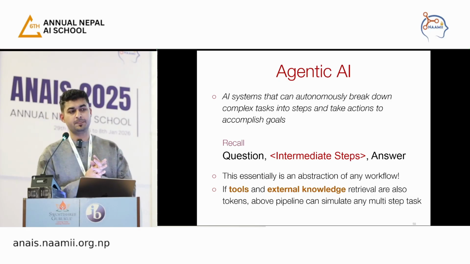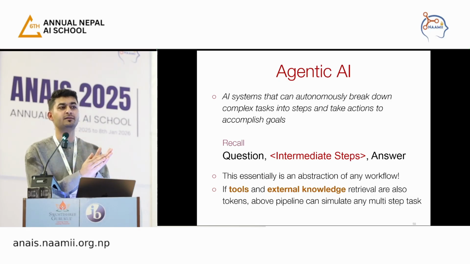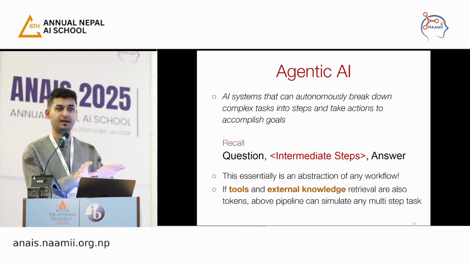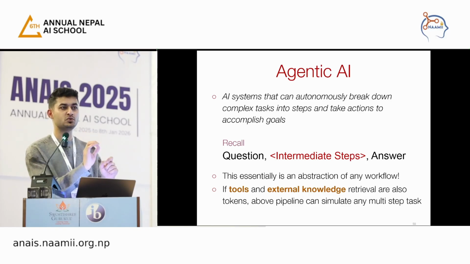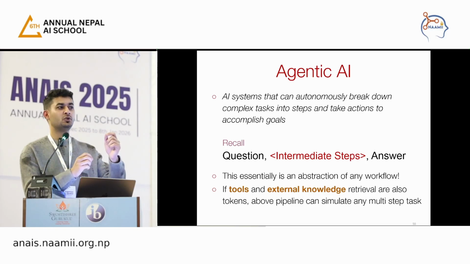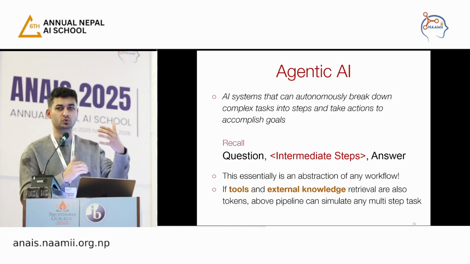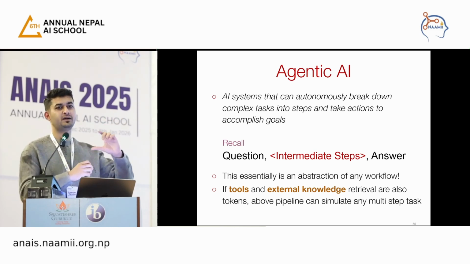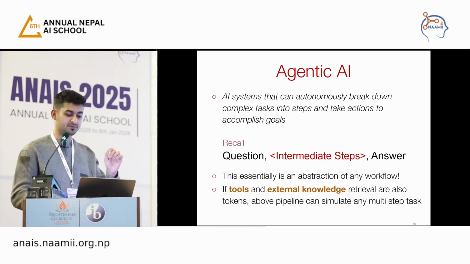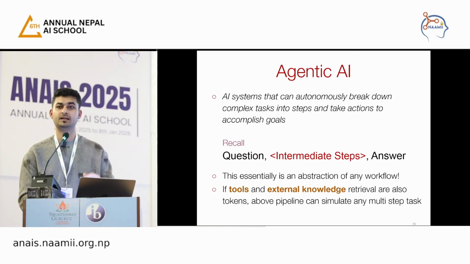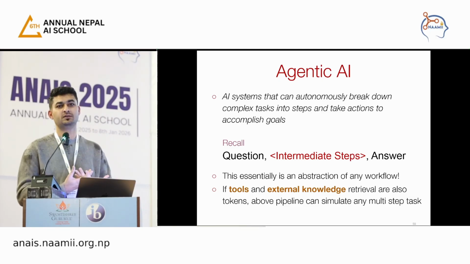Let me give you an example. For instance, I want an LLM to use my browser, and in my browser I have maybe 100 or so keystrokes that I type in the address bar, and a mouse with left, right, up, down, or maybe some coordinate-based pointer. So if I want an LLM system to use a browser, I need certain tools with which it can take actions. If I have those tools as part of my tokens, or some vocabulary that is part of this question, intermediate steps and answer, then I can have a browser that is being used by AI.